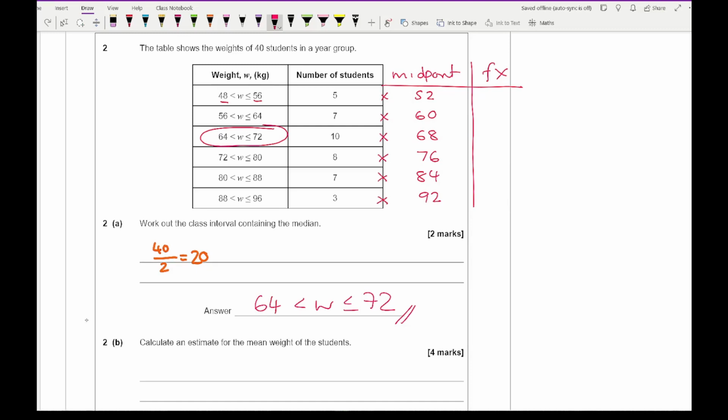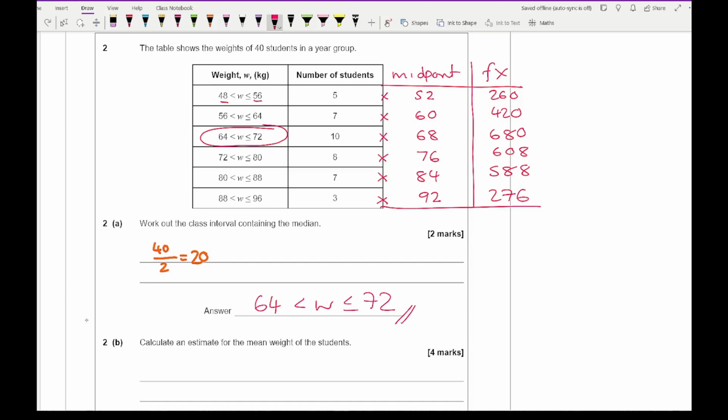So 5 times 52 is 260. 7 times 60 is 420. And then 680. Then 8 times 76 is 608. Then 7 times 84 is 588. And 3 times 92 is 276.